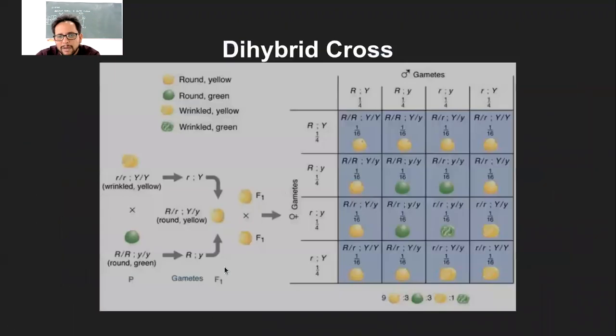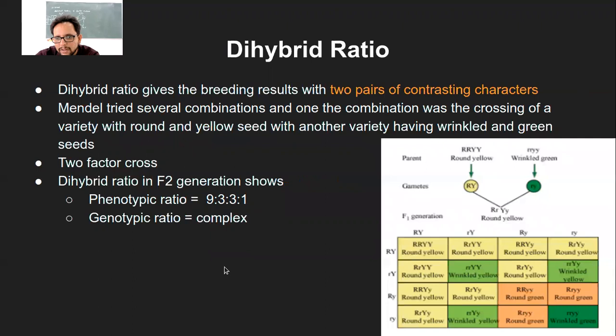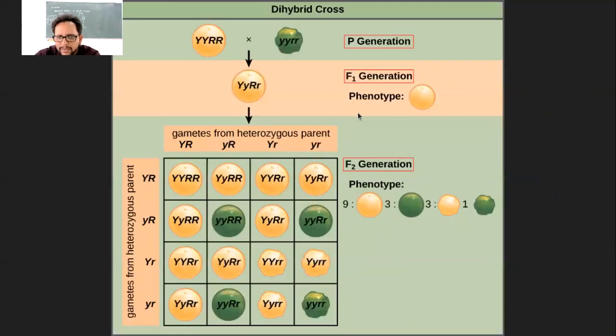Again, I will explain with an example here. When these gametes are being formed here, what is going into the gametes is independent of the other parent. Whatever is forming in this parent in terms of gametes is totally independent of this parent.